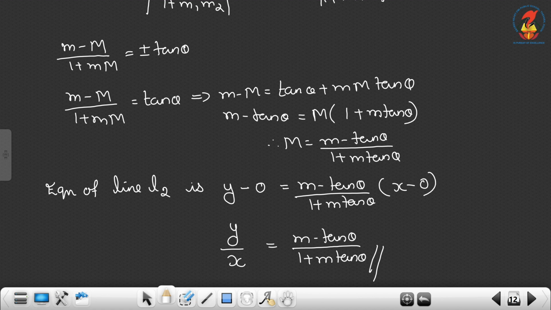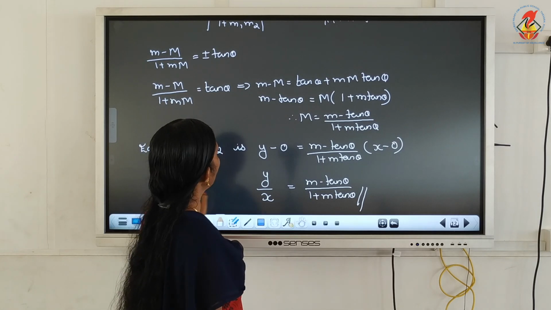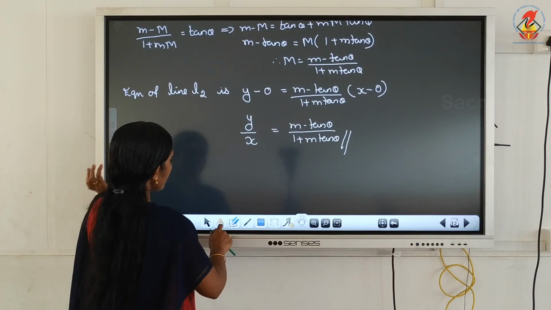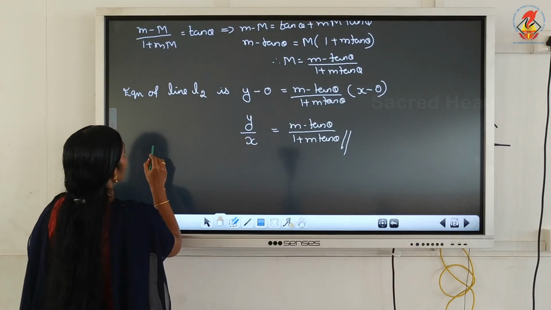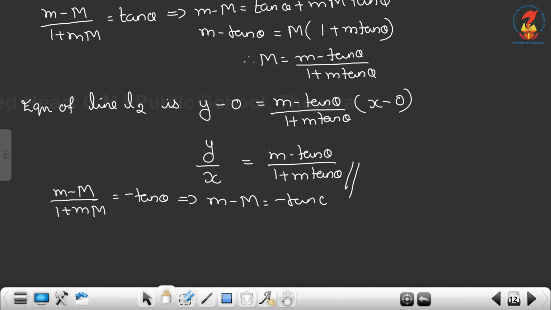The same way we find the second equation: instead of plus tan theta, give minus tan theta. So the next case is (m minus M) by (1 plus mM) is equal to minus tan theta, which implies m minus M is equal to minus tan theta minus mM tan theta.